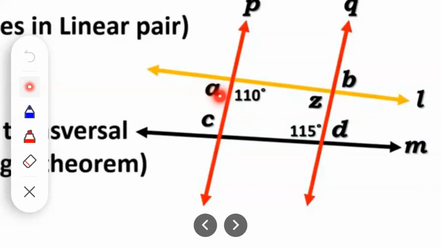Now see, to find the measurement of B, if we find this angle, for our convenience I label it angle Z. As we know, these are two parallel lines, so angle A and angle Z are corresponding angles.